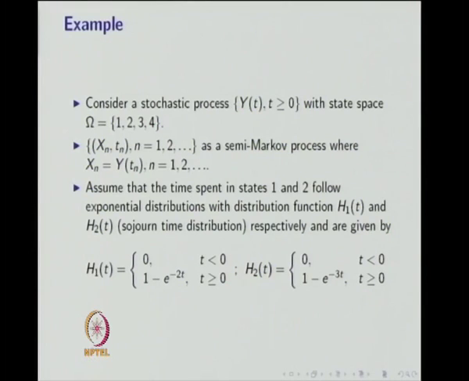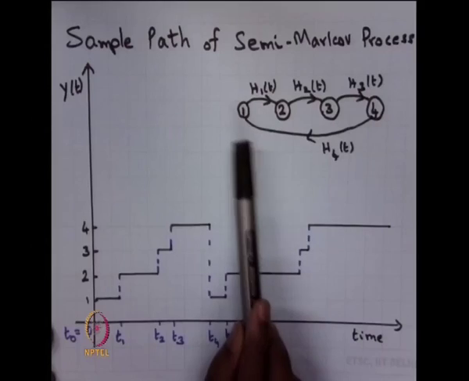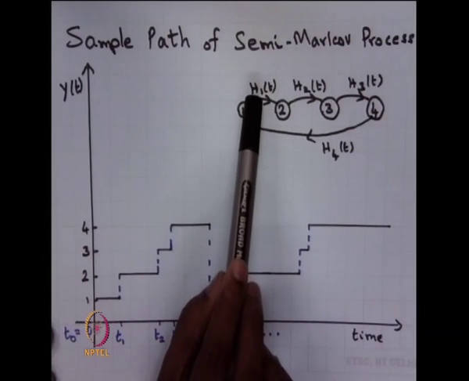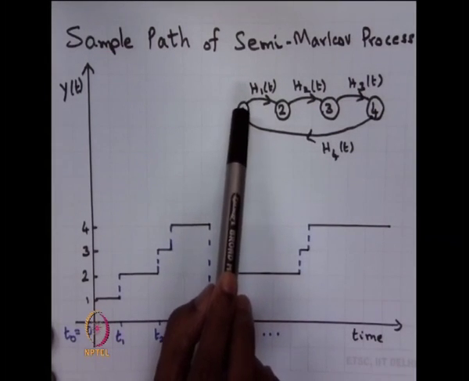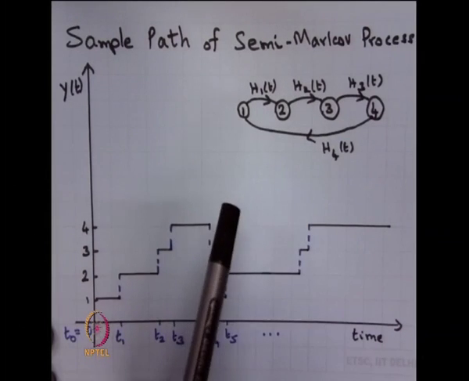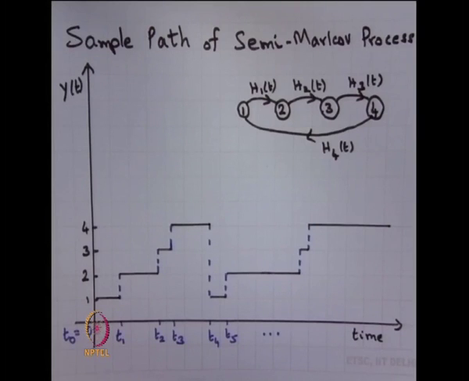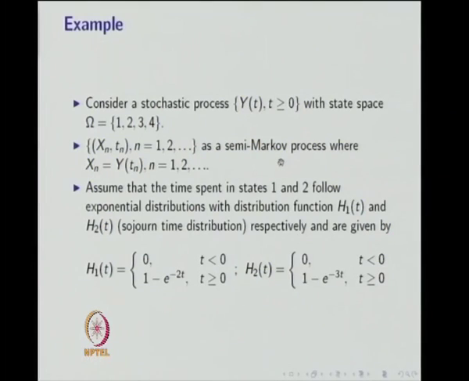So, this is a 4-state stochastic process with the states 1, 2, 3, 4, and H's are nothing but the CDF of sojourn time in each state, and X_n is nothing but Y of t_n, and (X_n, t_n) will form a Markov renewal process or semi-Markov process.